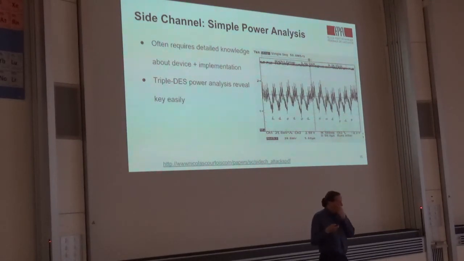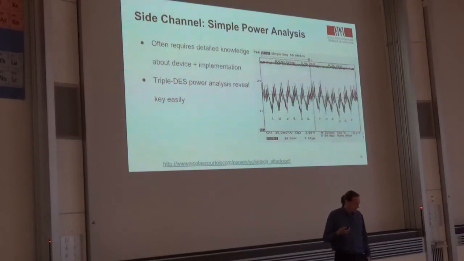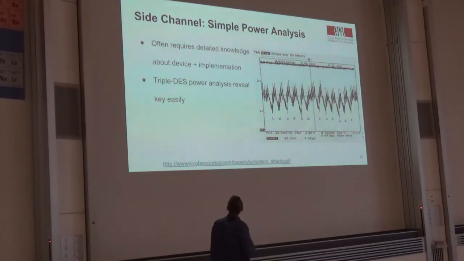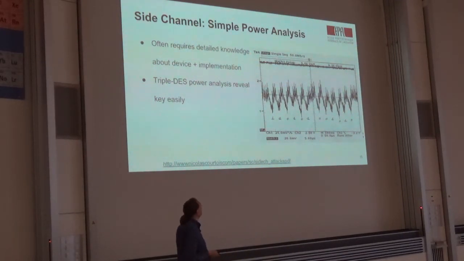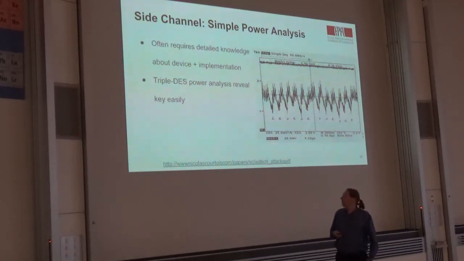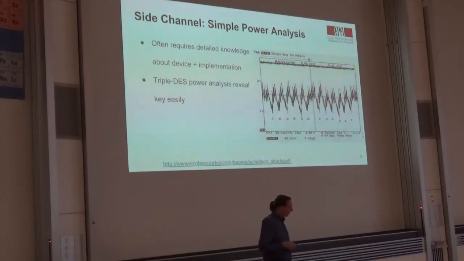It depends on how much patience and time the attacker is willing to invest in analyzing the device. But this was a classic experiment with triple DES. This was the standard symmetric encryption algorithm before AES came out, and that was vulnerable to side channel attacks too.